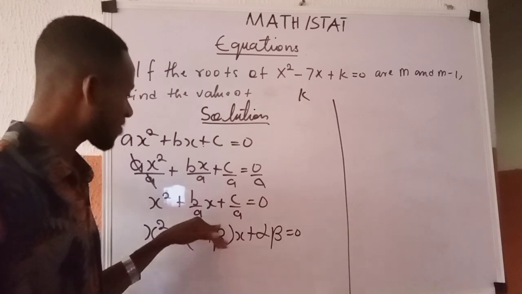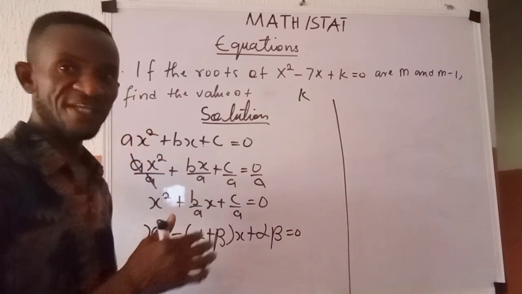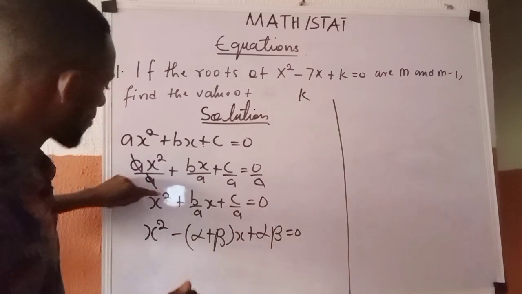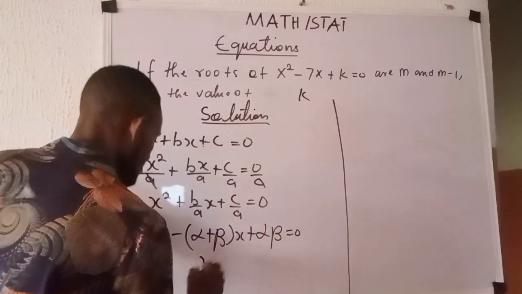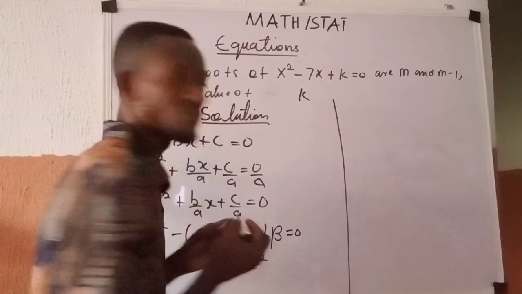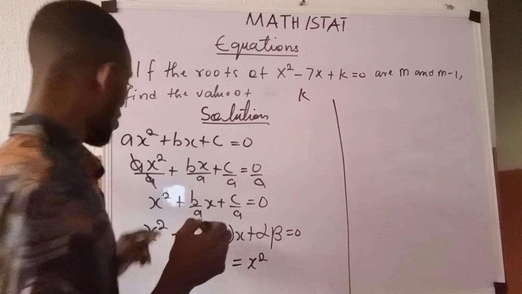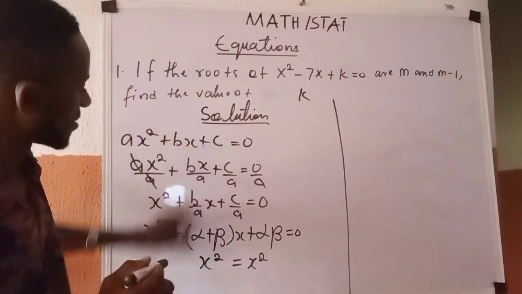So we compare this quadratic equation with this quadratic equation, term by term. This is x raised to power 2, it should be equated to x raised to power 2. Then the second term is now this and this, so we equate this to this.